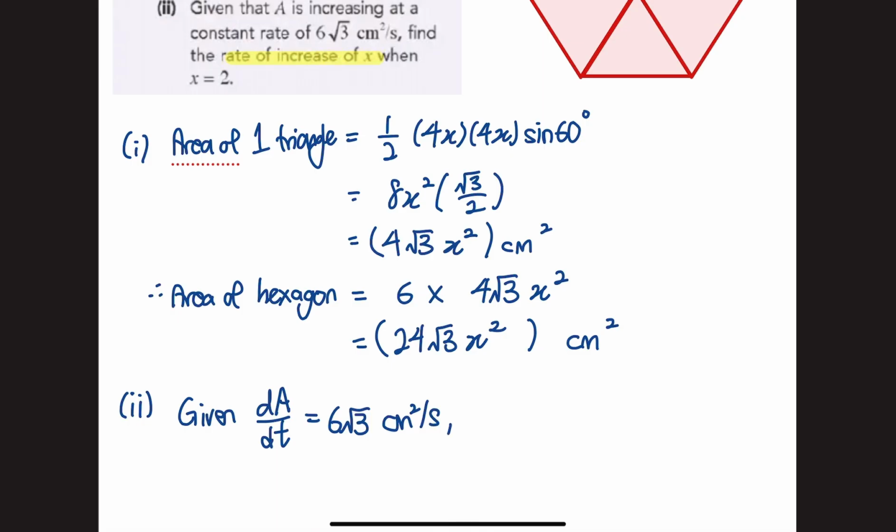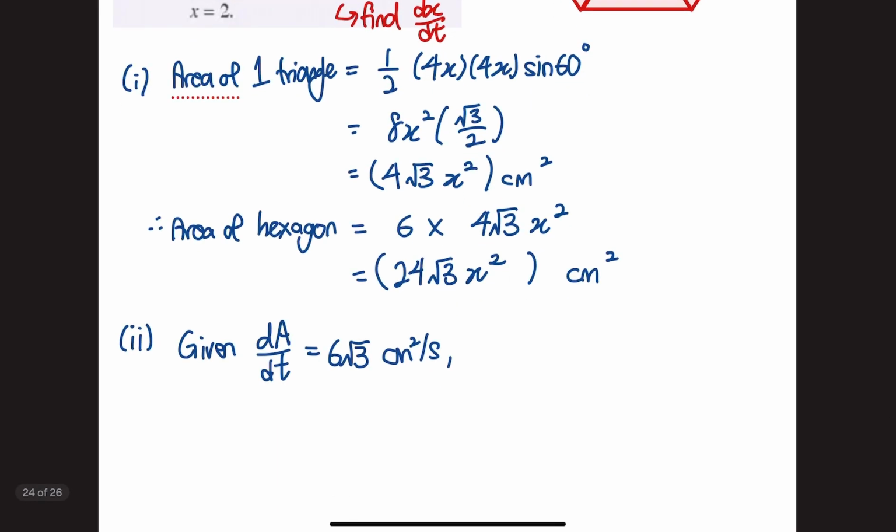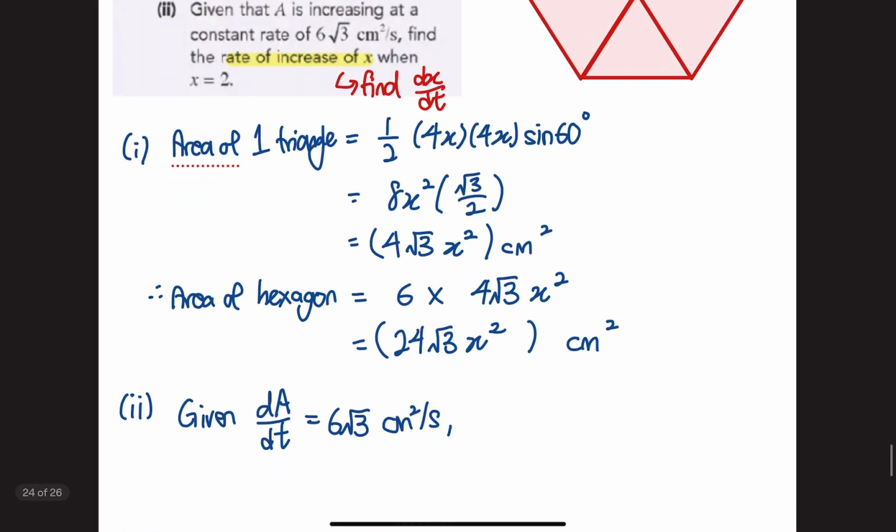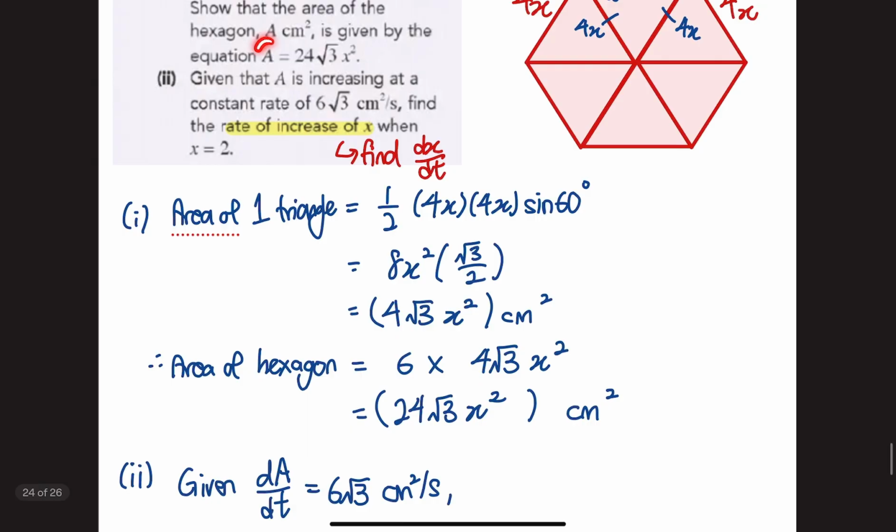The question is asking you to find, let me write it in red, find dx over dt. Given the area of the hexagon, which is defined as A by this question, I can call this A.